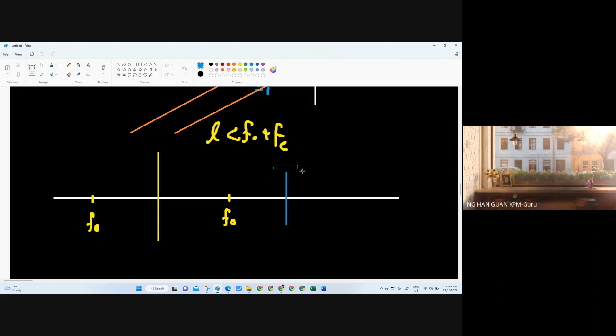Actually it's better I make it closer. So let's say this is FE. Same as just now, we have the one ray.